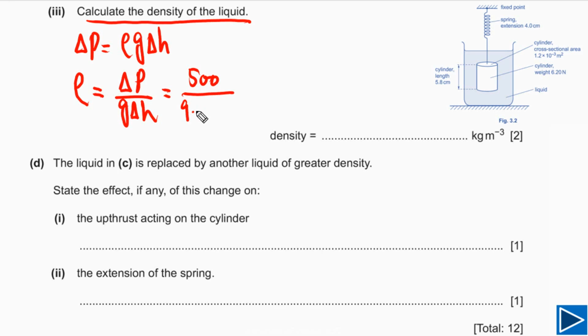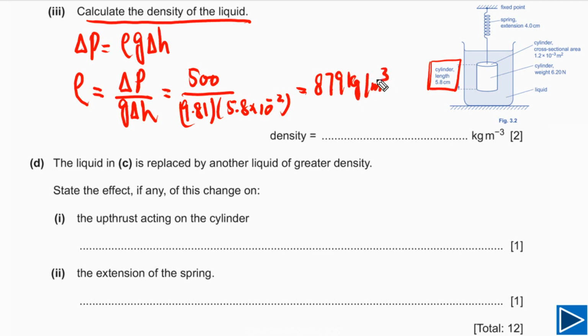So value of g we can use is 9.81 and delta h is given here. This is equal to 5.8 centimeters, so we can convert into meters, so we need to multiply by 10 to negative 2. Now we can solve for density of the liquid. If we solve this one, density of the liquid is 879 kgs per cubic meter.